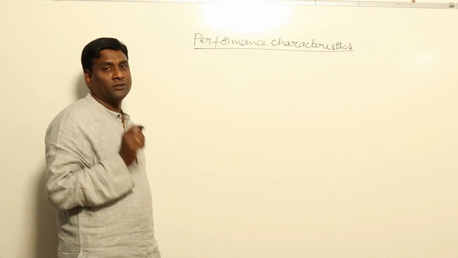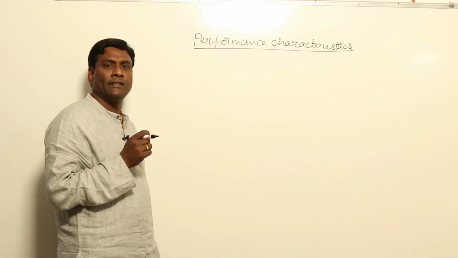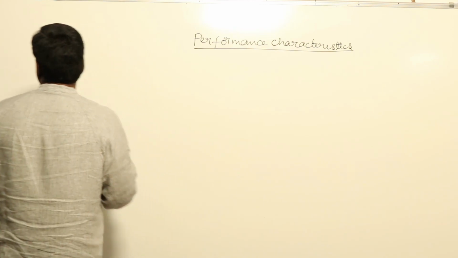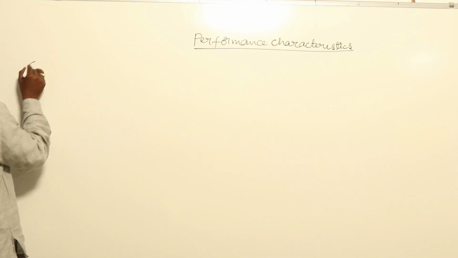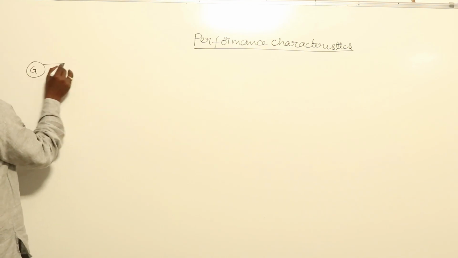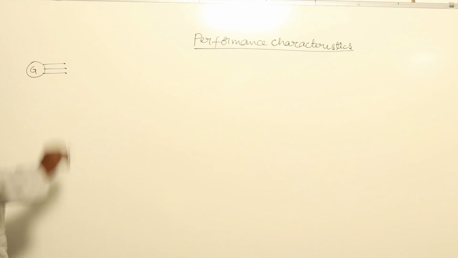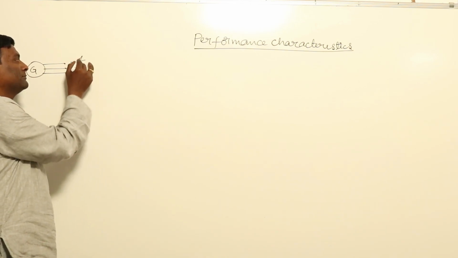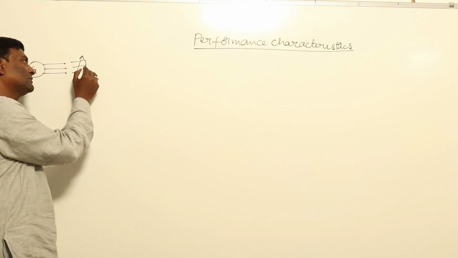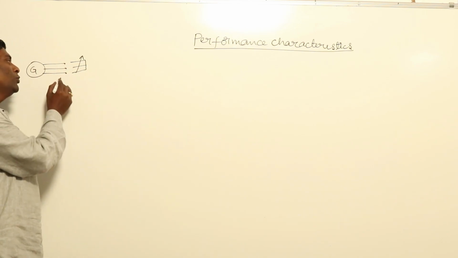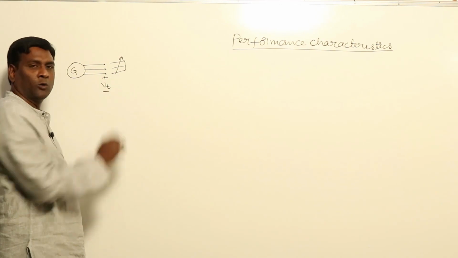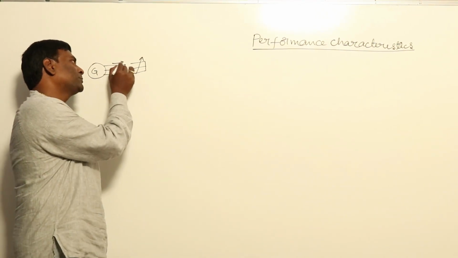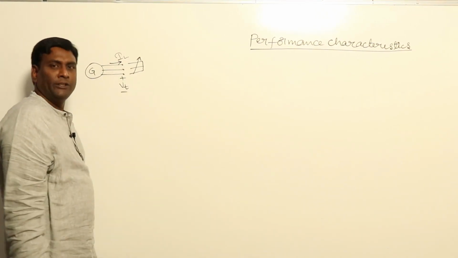You know voltage regulation of transformer? Enough, more than enough. For example, if I have a generator, this is the output. If I connect some load here, then how the terminal voltage varies with respect to load current, we need to know.